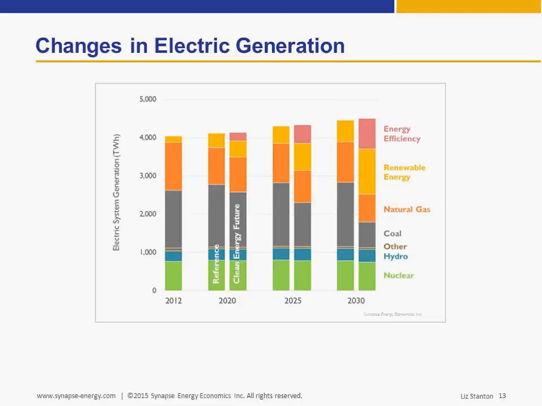In the reference case, the build of renewables we're putting in place is limited to so-called on-books. So this might be renewables that are affiliated with renewable portfolio standards in existence today. So in both scenarios, we are including the full costs of implementing both renewables and energy efficiency.